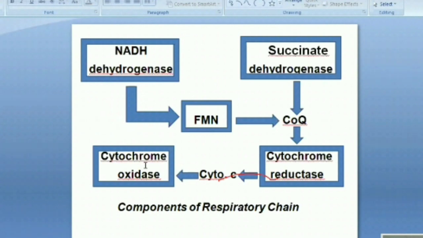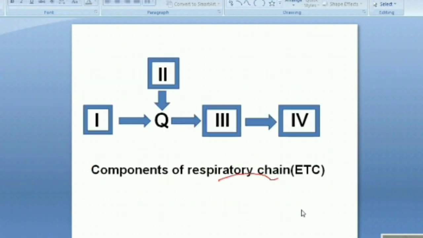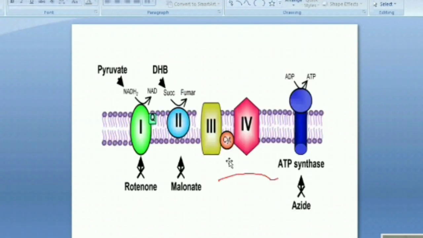Is it clear? In this is production of water, only water. How is energy produced? Yes, energy will be produced by this proton transport.